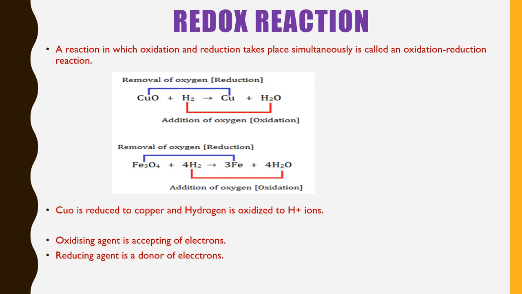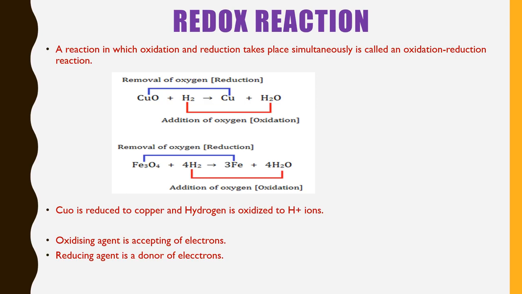Ferric oxide is losing oxygen itself, the reduction is taking place. So Fe3O4 becomes Fe and then 4 hydrogen molecules are gaining 4 oxygen from the ferric oxide, becoming water molecules. So addition and removal take place together.